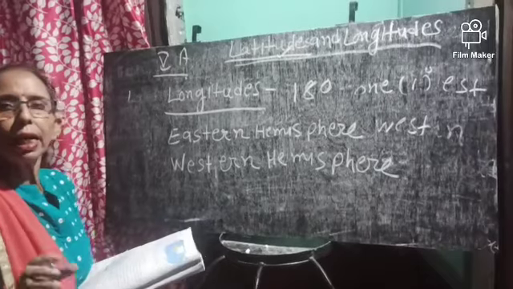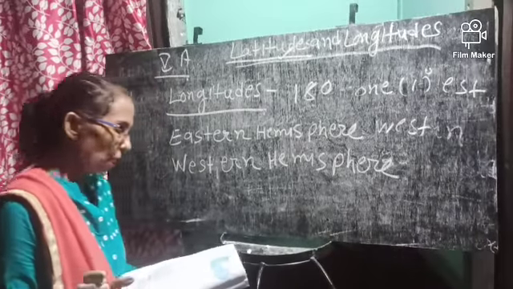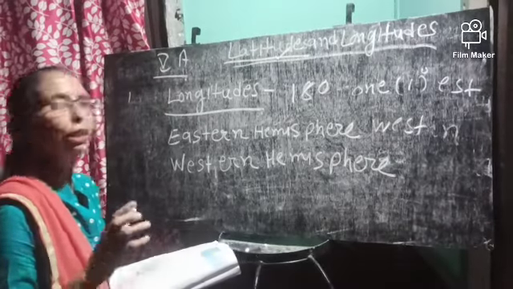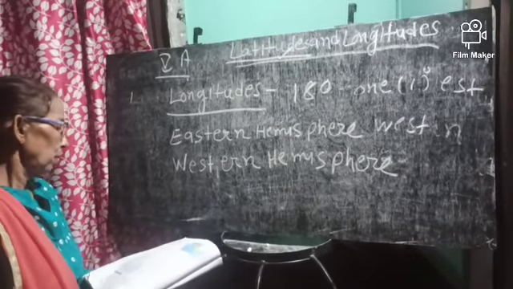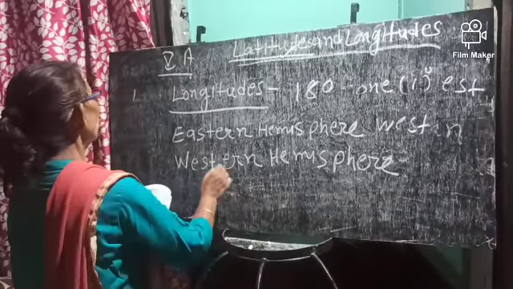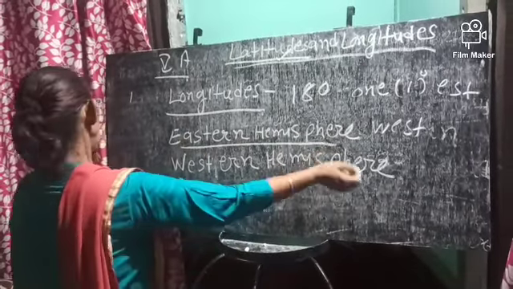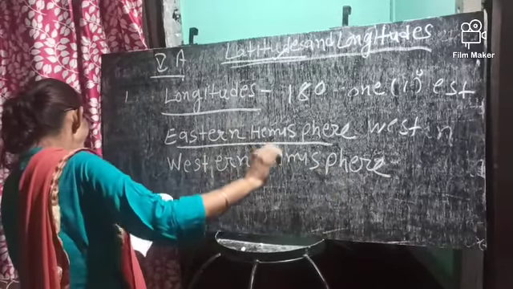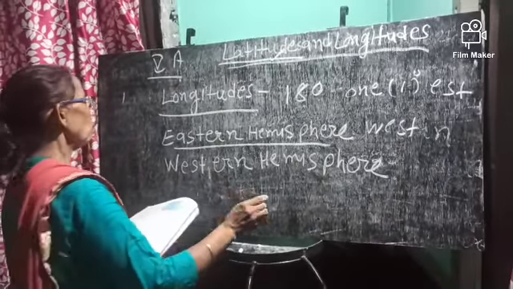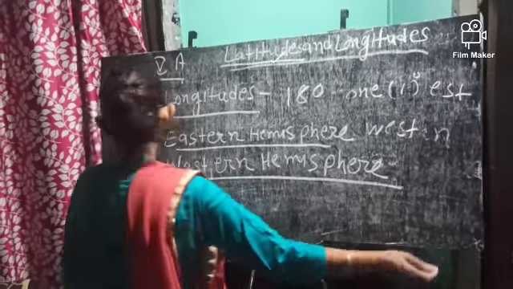Thus there are 360 lines of longitude in all, including the east and the west. The part east of the prime meridian is called the Eastern Hemisphere, and the part west of the prime meridian is called the Western Hemisphere.